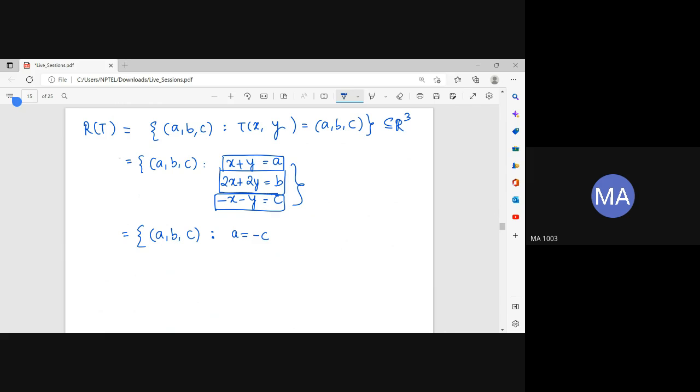First and second equations: A is equal to 2B, right? Agree? Yes, ma'am. When A is minus C and B is A by 2, this system has a solution, right?